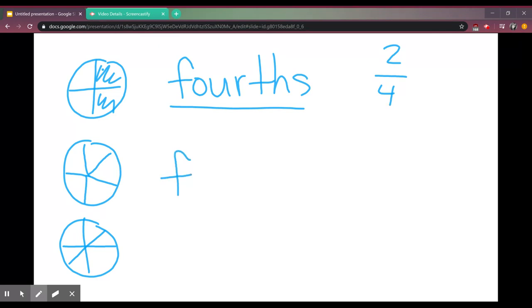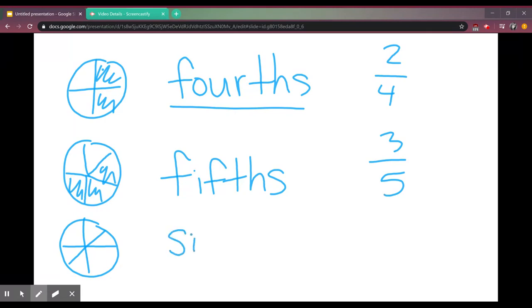When there's 5 pieces, it's fifths. It's spelled a little differently. It's not fiveths, it's fifths. So if we had 3 colored in, we could say 3 fifths. If there's 6 pieces, we have sixths.